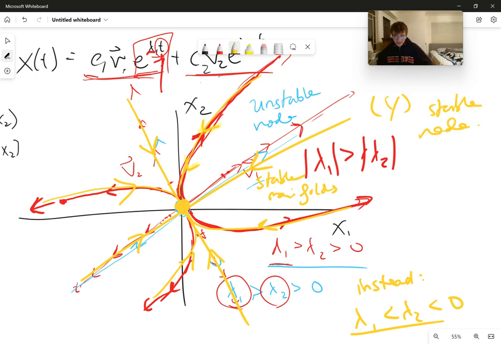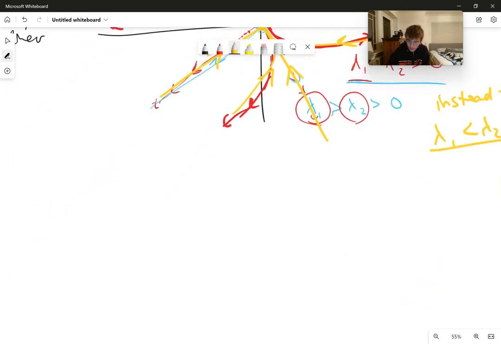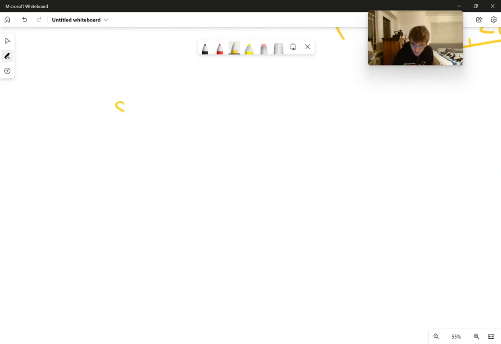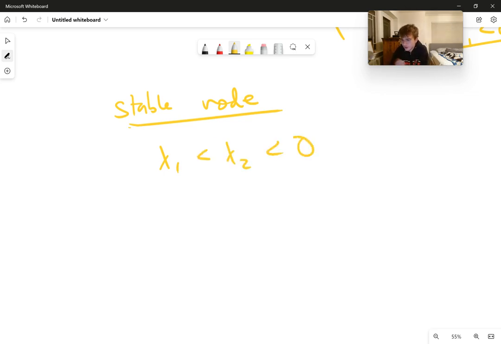All right, that's wonderful. More formally, without the graphical understanding, I'm going to write stable node. This is the case when lambda 1 is less than lambda 2 is less than 0, so they're both negative and distinct.